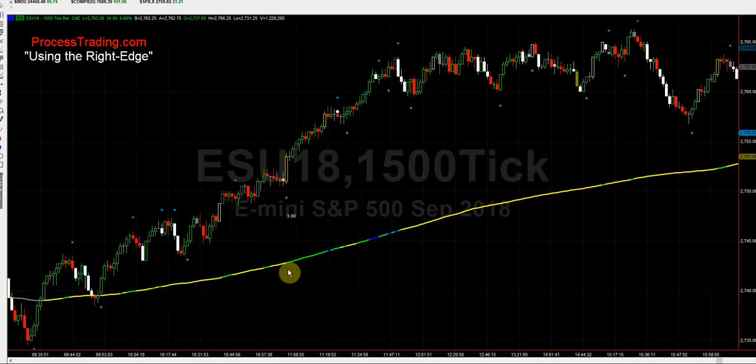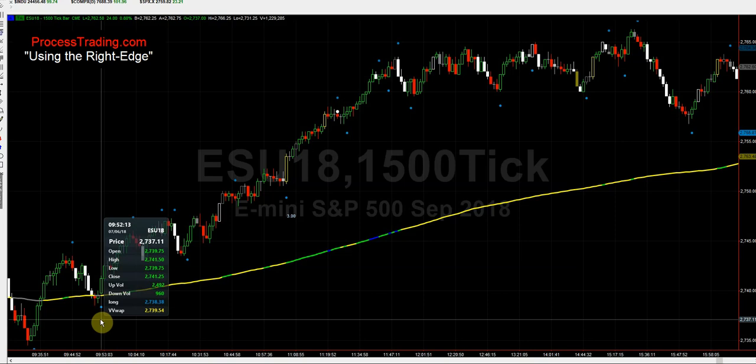The way that you do that is with this very specific trade management system that you look to the high of that bar and you place your order 2 points above the high of that bar. So on this timing alert dot here, the high of that is 41.50. So we would place our trade at 43.50.